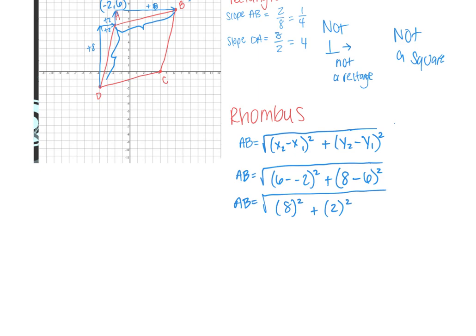Rise is the change in y. So our rise, 2, should be the y value subtracted, which is 2. And our run, which is 8, should be our x value subtracted, which is 8 down here. So that's how you could check. This is a great way to check yourself.